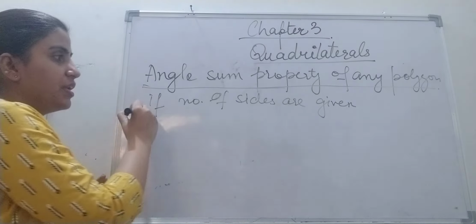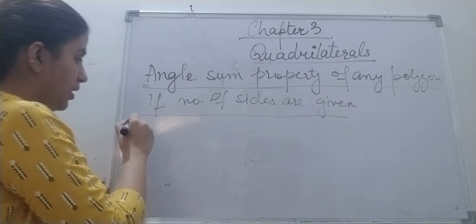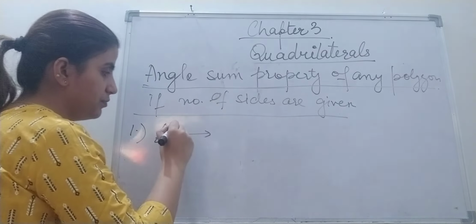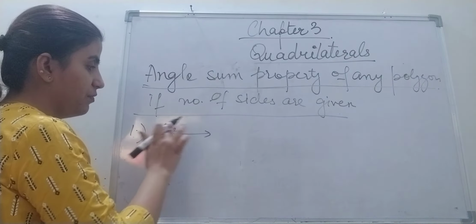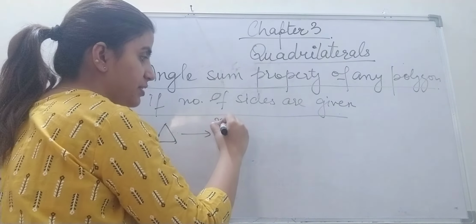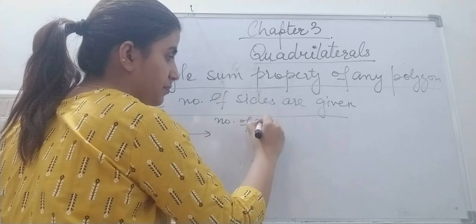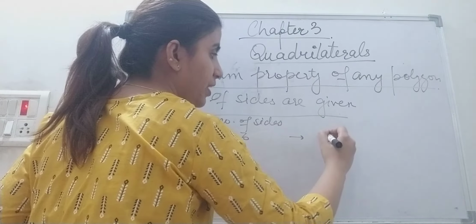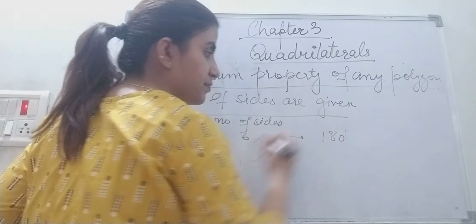First of all, I will start with the basics. First, triangle. Triangle I know, 3 sides. I am giving the heading number of sides, 3. So we will have 180 degrees.